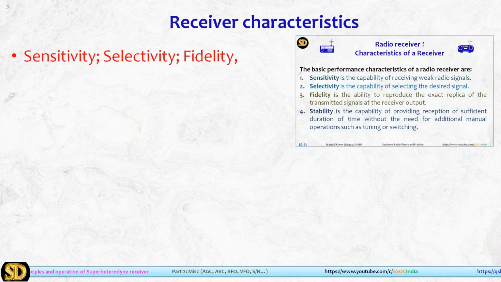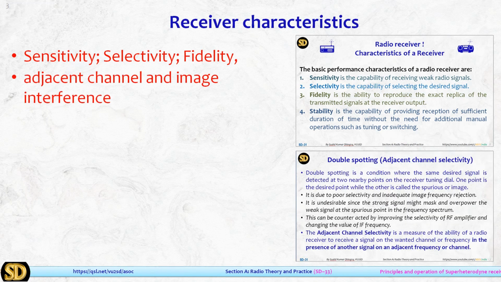Just try to remember the receiver characteristics I explained in previous sessions: sensitivity, selectivity, fidelity, and of course stability. Same way, double spotting, also called adjacent channel selectivity, and how it behaves and works.